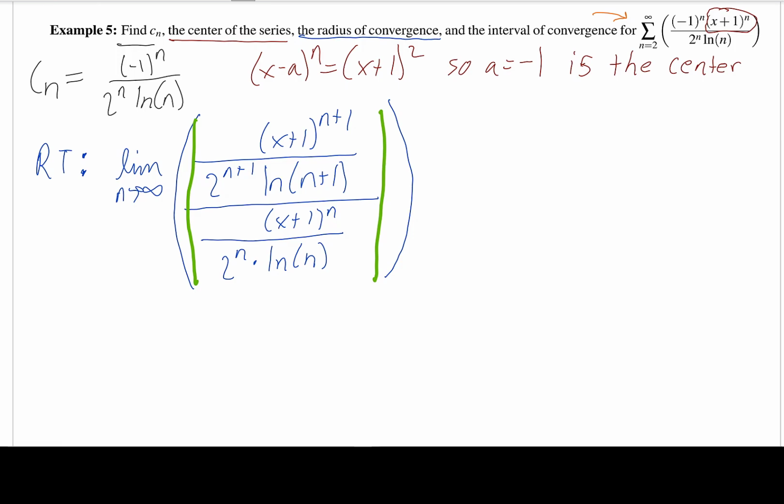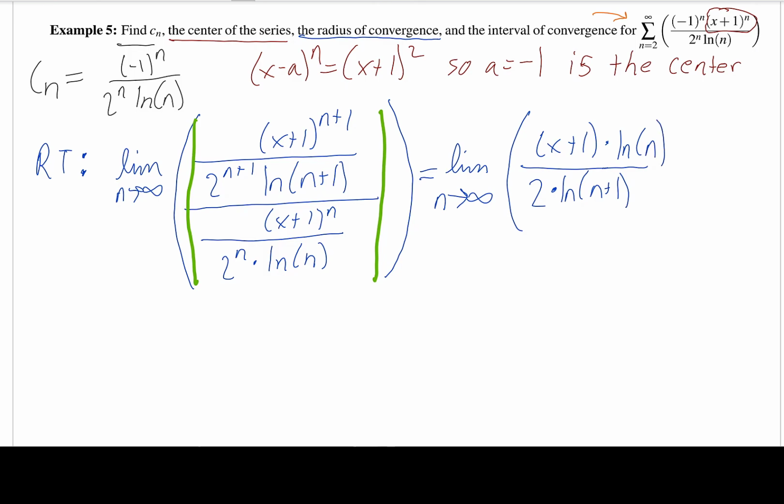Okay. Now I can rewrite this as the limit as n goes to infinity of, let's see, we should have x plus 1 on top. We'll multiply by 2 to the n, but we'll have a 2 to the n plus 1 on bottom, so I'll be left with a 2 on bottom, times ln of n plus 1 on the bottom, and then we'll have times ln of n on top.